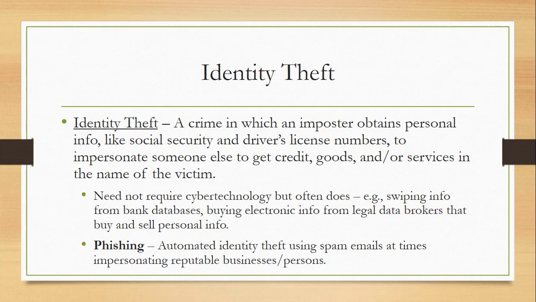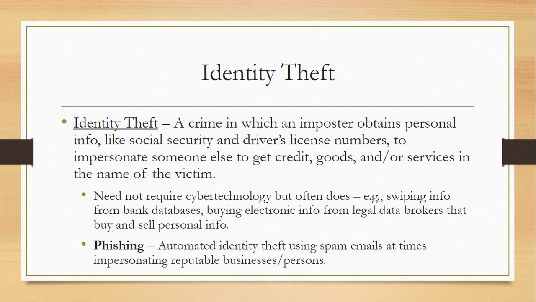However, in many cases, cyber technology is used for identity theft. For example, swiping information from bank databases. Sometimes cyber criminals are able to steal sensitive information from bank databases, which they can then use and manipulate to impersonate someone else. Also, this is kind of scary, they can at times get away with buying this sensitive information electronically from data brokers, and data brokers are legal.